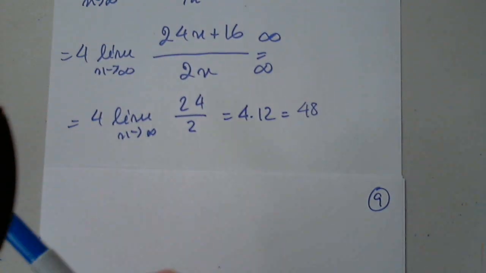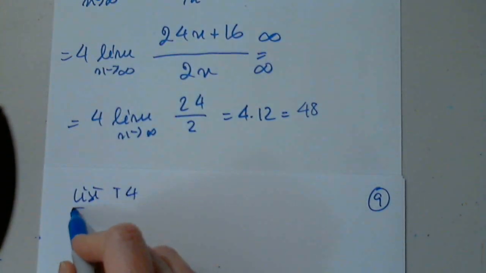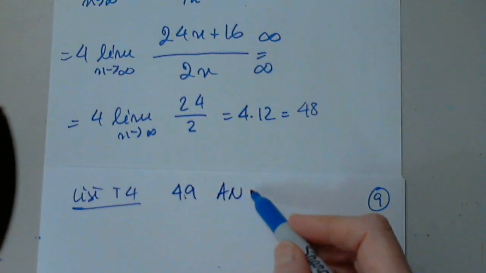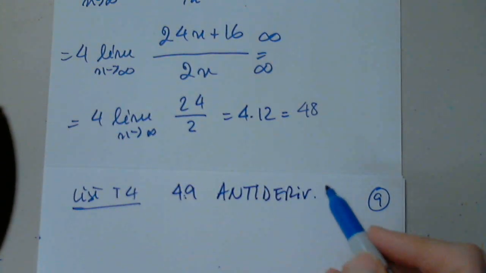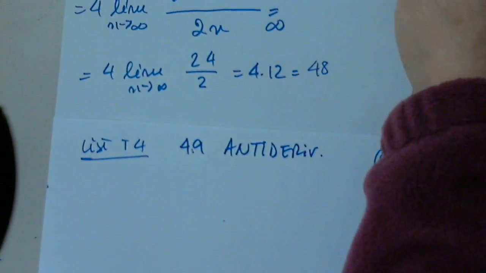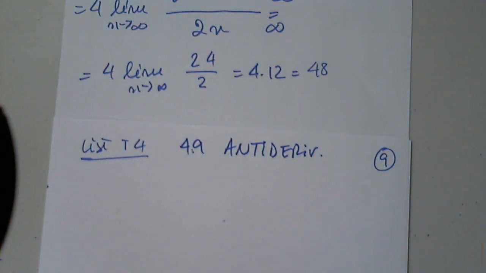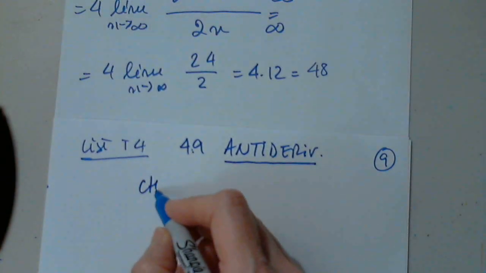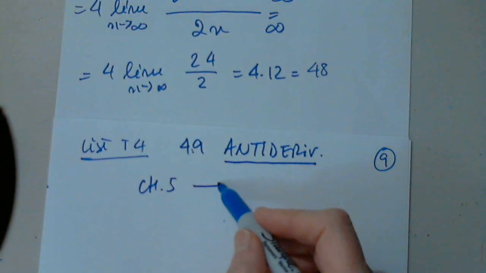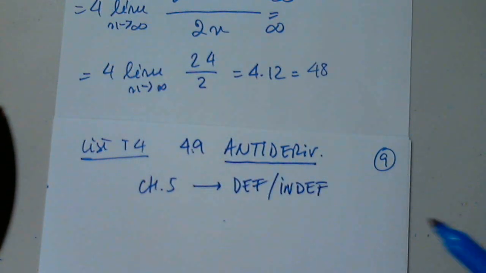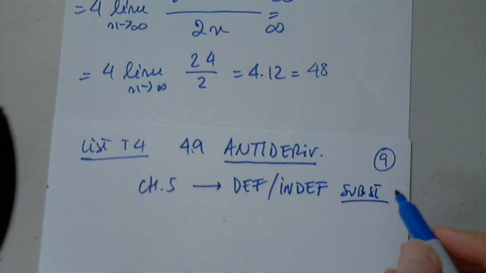So here's a list of what to expect for test 4. From 4.9, obviously antiderivatives. I always hope that you look at the videos, but also at the solutions for homework, right? I always post solutions before I start grading your homework. So the antiderivatives. And then in chapter 5, of course, definite and indefinite integrals with substitution or not.